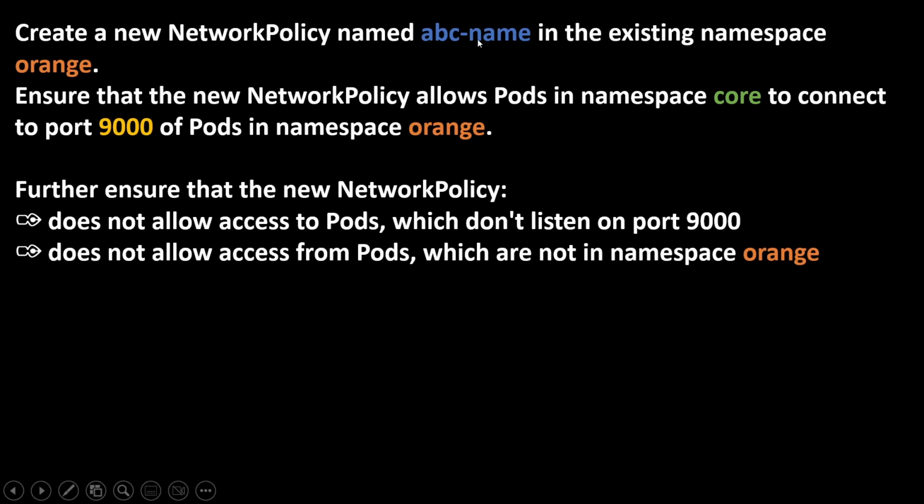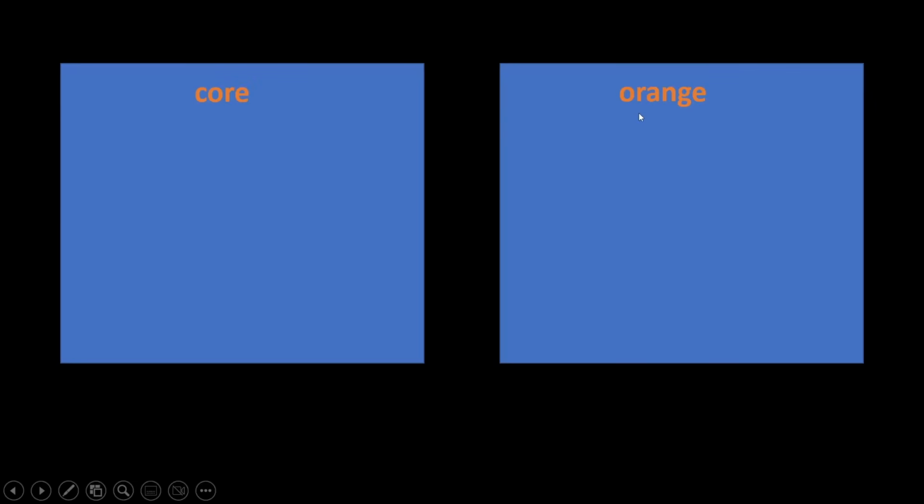The main thing I just colored: the network policy name is ABC-name in the existing namespace orange, and here the namespace is core, and it should connect to port 9000 of the pods running inside this orange namespace. So let's understand with the help of 3D animation. We have two namespaces, orange and core.